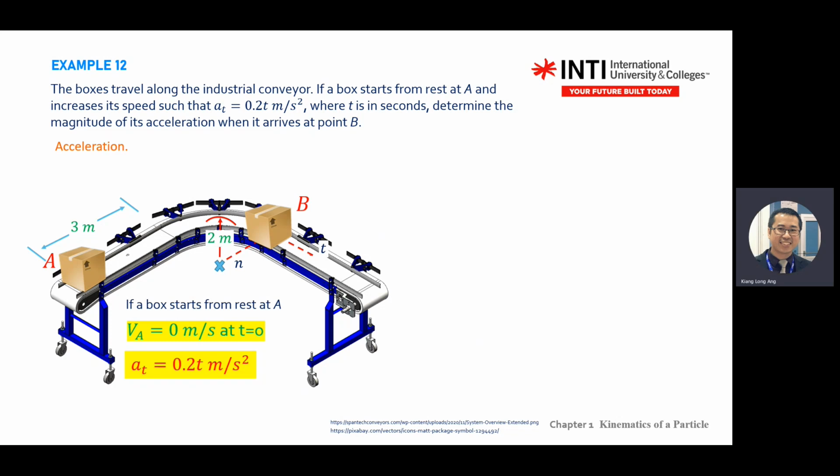Okay, so you have these two equations, these two parameters. V you have, AT you have. The definition of AT equal to dV dt. So you have this one, 0.2 t equals dV dt. What is the equation to derive this into the V equation, Nico? How do you do it?